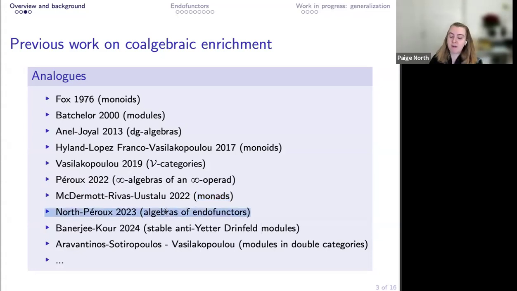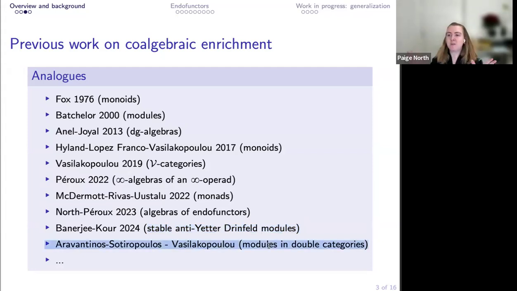And then in our paper that I'm talking about, we're talking about algebras of endofunctors being enriched in coalgebras of the same endofunctors. And then preparing for this talk, I found these two papers. They're both from 2024. This one is about stable anti-Yetter-Drinfeld modules being enriched in the co-version of that, but I don't know what these are, so I won't say anything more about that. And also modules in a double categorical sense being enriched in comodules.